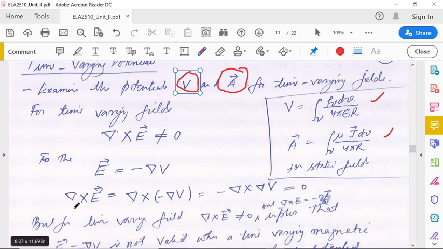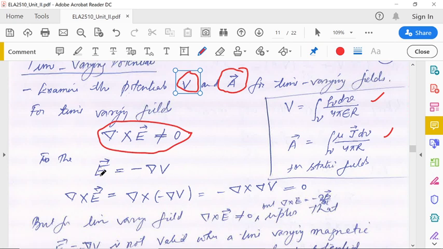Now, if we take the curl of E, then it will be curl of minus the gradient of V. Now we already know that the curl of gradient is always 0. So this will lead to 0. So it means that curl of E is coming out to be 0, whereas for the time varying fields, this is not equal to 0. So it contradicts these two equations.